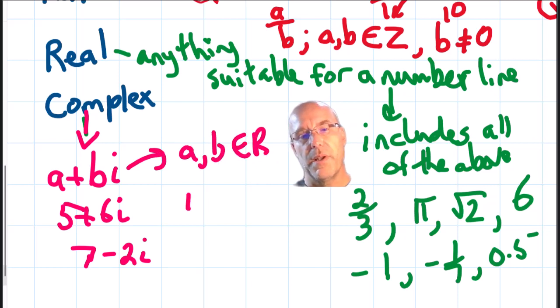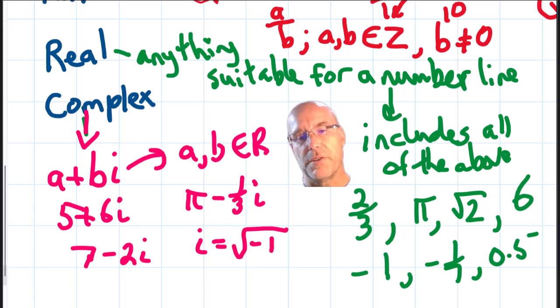So you could have pi minus 1/3 i, okay, but it has this operator called i, and i is the square root of -1, and you're going, you can't take the square root of -1, my calculator says you can't. Well, more about that in a future video. So it's made up of two parts, a real part and an imaginary part, which we'll flesh out a bit more in a video coming up, and I do believe that's enough for now.